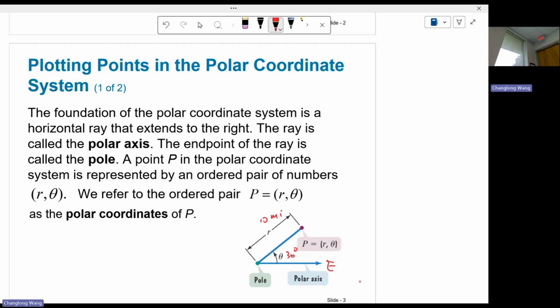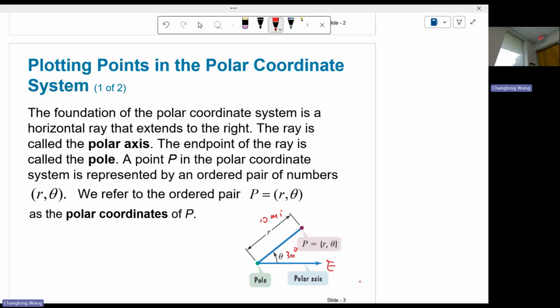So my question for you is, is there a way to locate a point P if you know that P is 10 miles away from the pole, let's say the room is the pole? So a point that is 10 miles away from the pole, in such a direction, starting from the east, turning to the north by sweeping out a 30-degree angle.